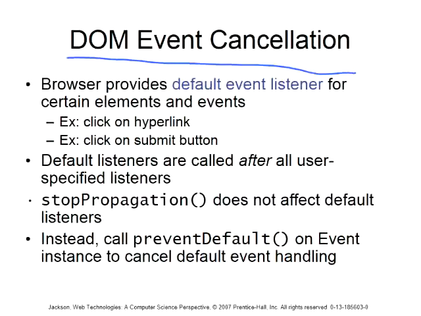DOM event cancellation. So the browser provides default event listeners for certain elements and events. Example: click on a hyperlink, click on a submit button, etc. So default listeners are called after all user-specified listeners, and stopPropagation does not affect the default listener.